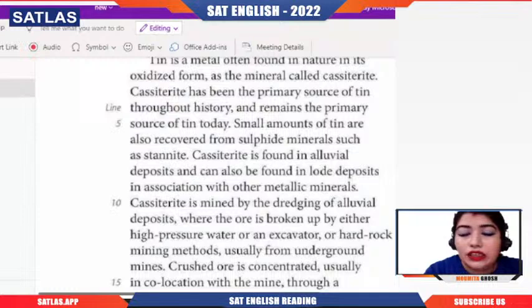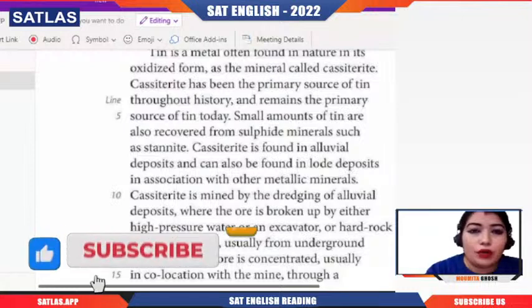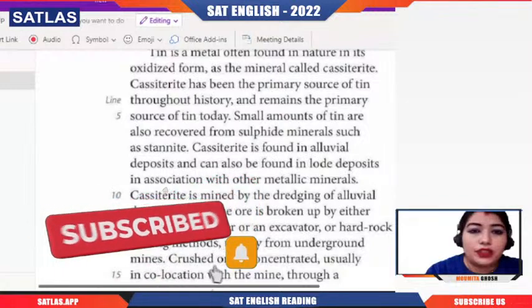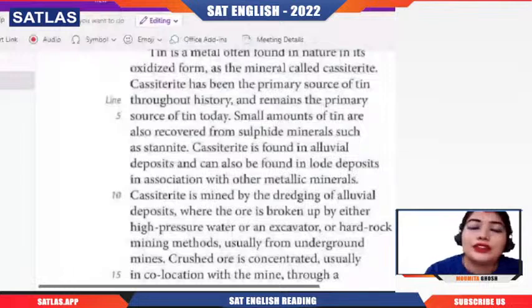So this type of tin, cassiterite, the oxidized form of tin, is found where the alluvial soil had been deposited or accumulated.